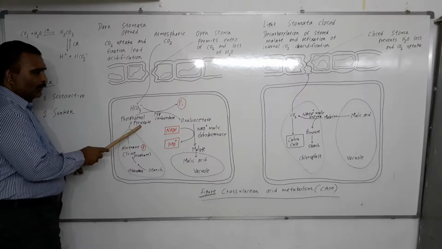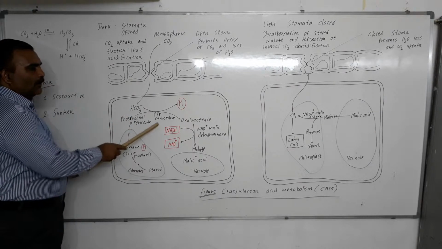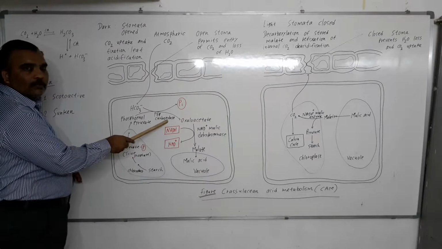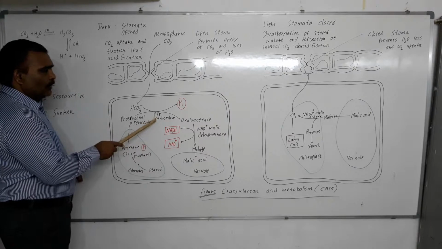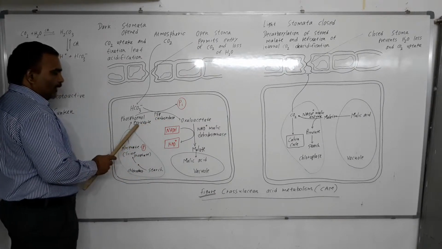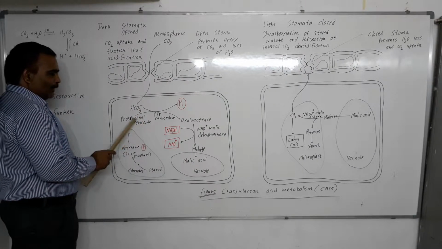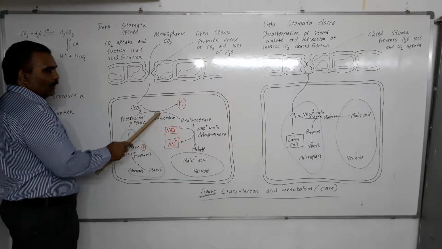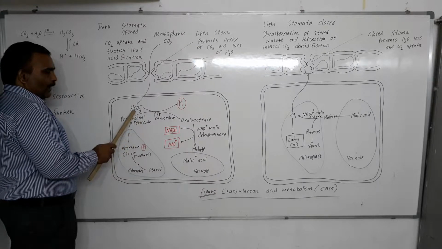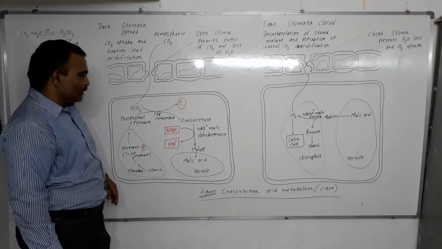This phosphoenol pyruvate combines with HCO3 minus with the help of the enzyme PEP carboxylase. The full form of this enzyme is phosphoenol pyruvate carboxylase. When phosphoenol pyruvate and HCO3 minus combine, inorganic phosphate is removed from the phosphoenol pyruvate, so that's why Pi is written. With this combination, oxaloacetate is produced.